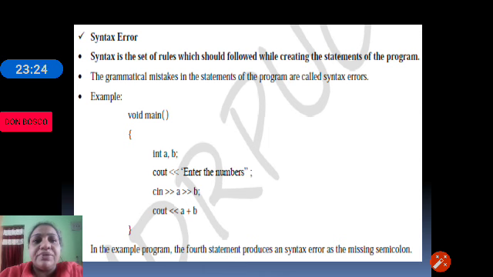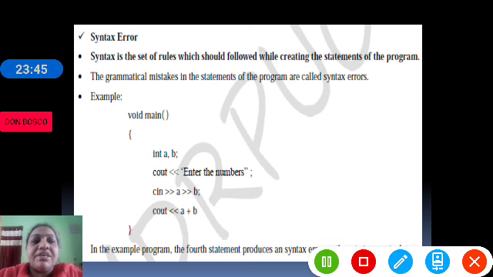For example, you can have a look. Enter 2 numbers A and B. Here, cout A plus B will generate an error because each statement, on every line, must end with a semicolon. In cout A plus B, I have not given any semicolon.